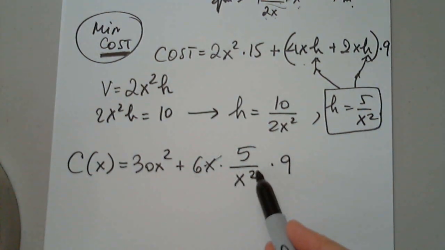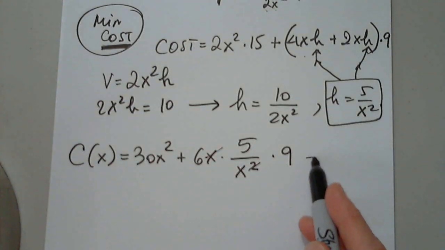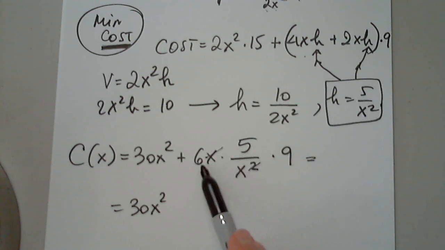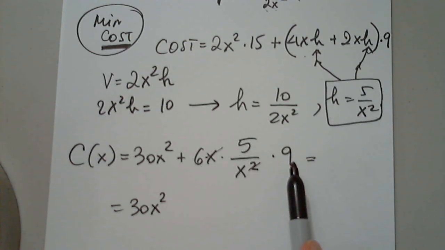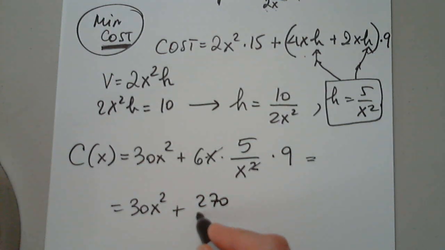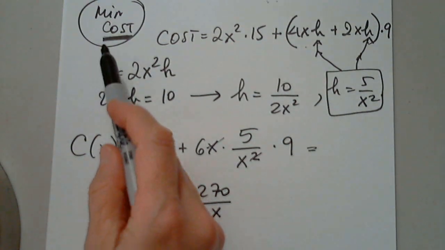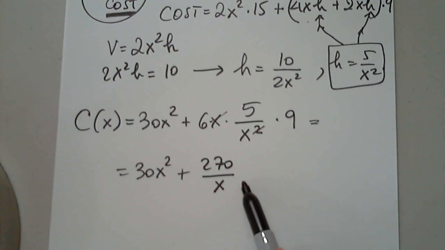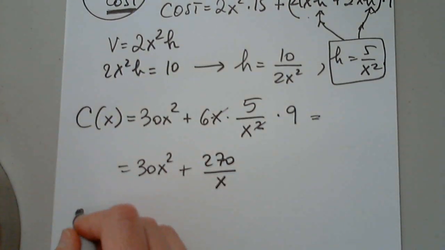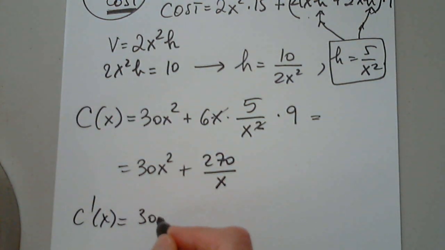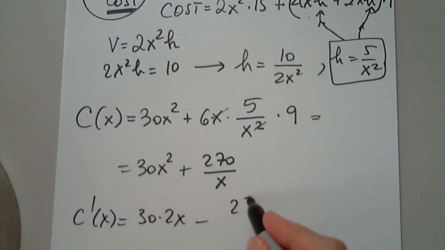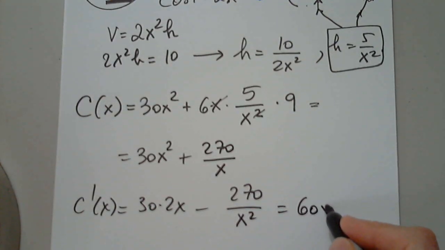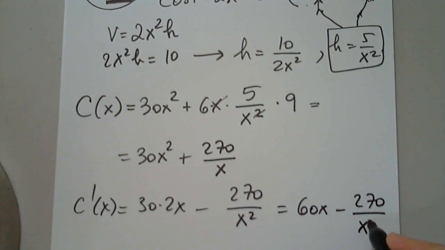I will simplify by an x. I can continue with 30x squared. This is 30, 3 times 9, 270 over x. So I have the cost function. All I need to do is differentiate. C prime of x is 30 times 2x minus 270 over x squared, which is 60x minus 270 over x squared.